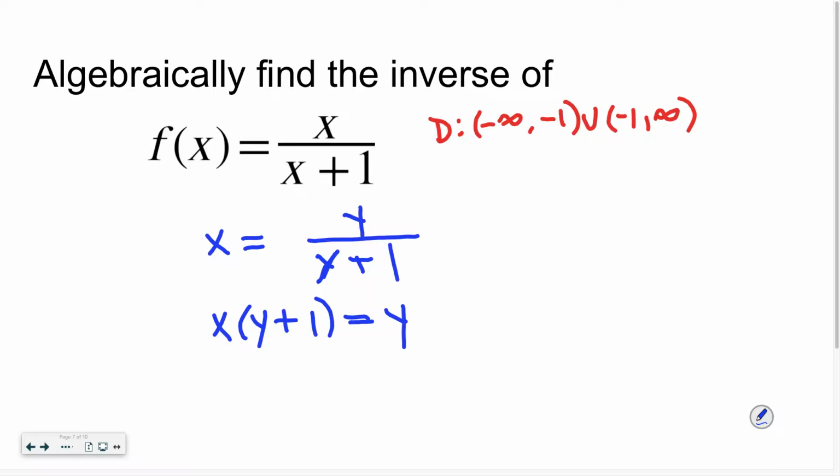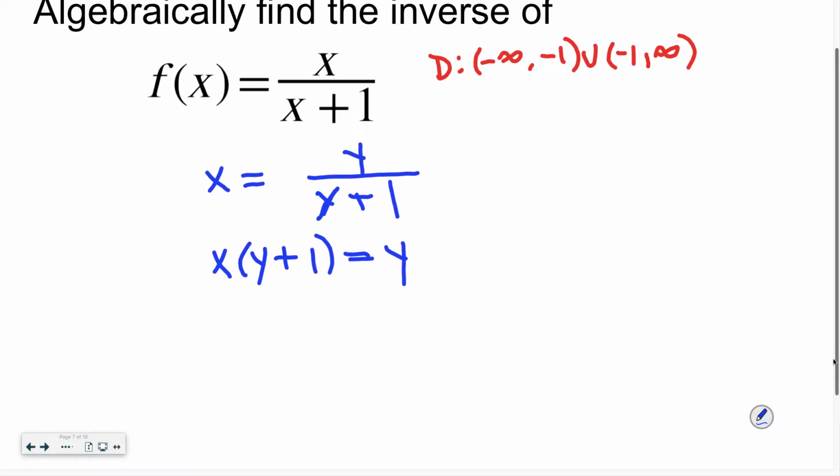We still have 2y. What can we do with that x? Distribute it. We can distribute it. So xy plus x equals y. Now, if we are solving for y, would it make sense to have all of my y's on one side together, and anything without a y can go somewhere else?